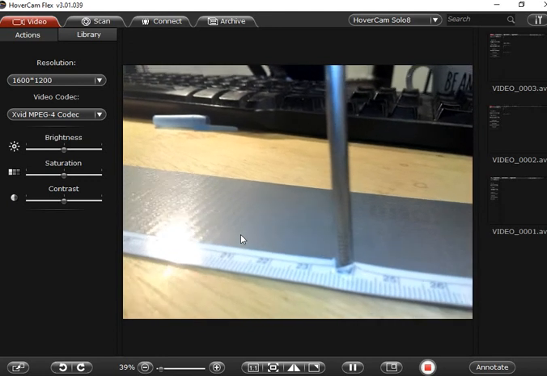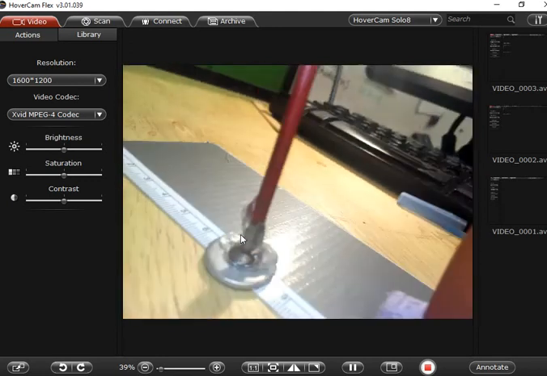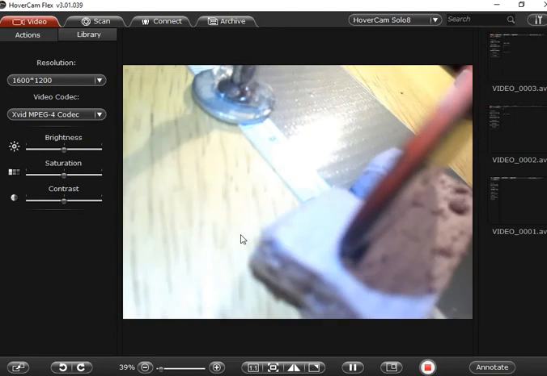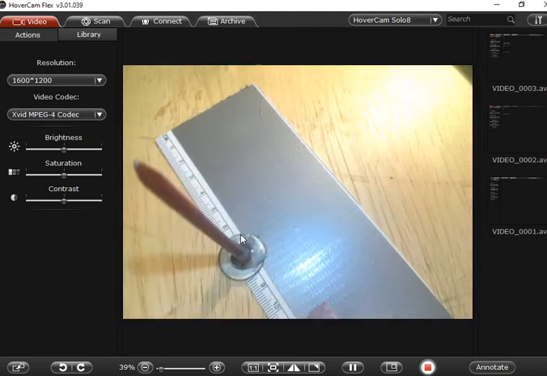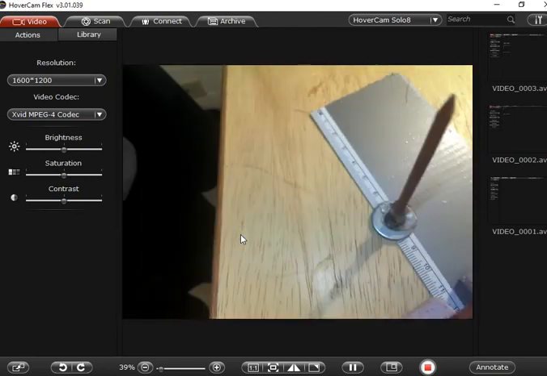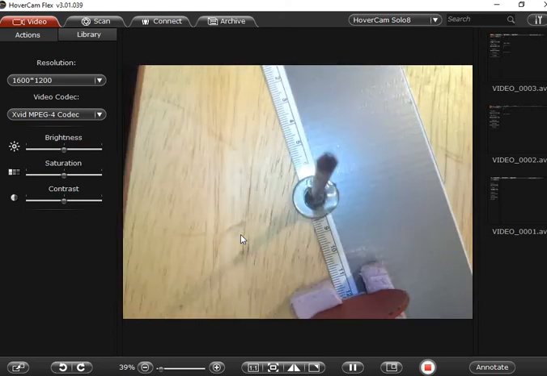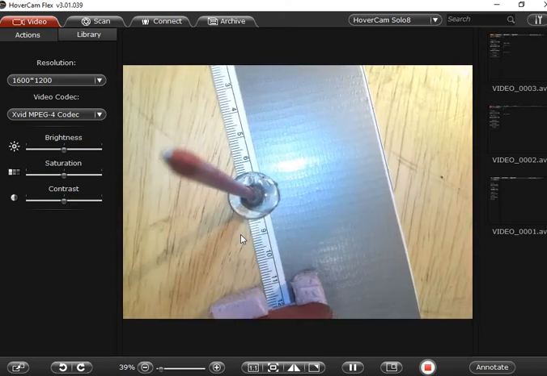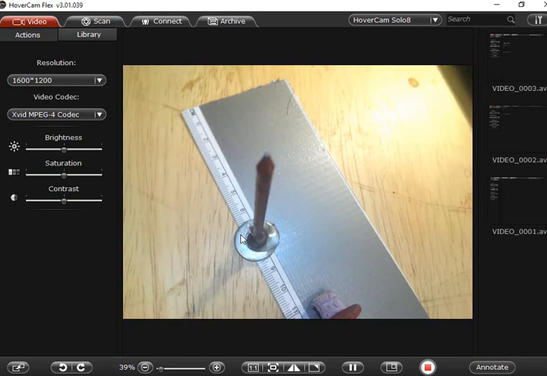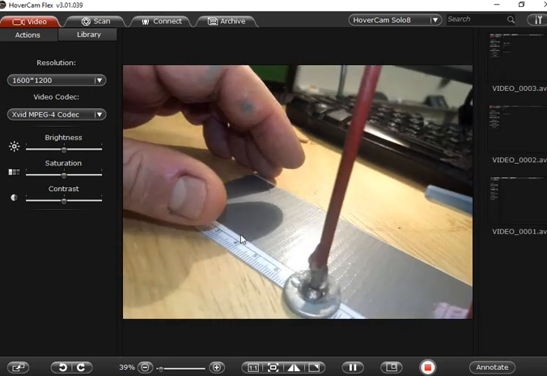24. The location of the mirror is at, let's try to get this lined up, is at 12. And now look at where the red nail is.